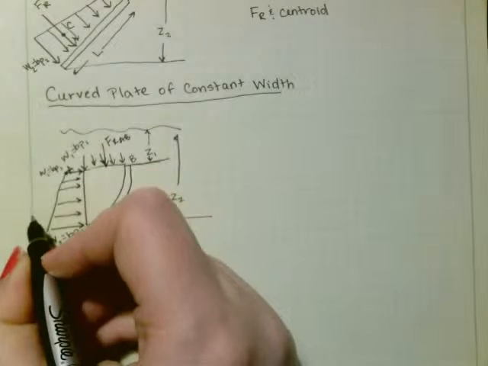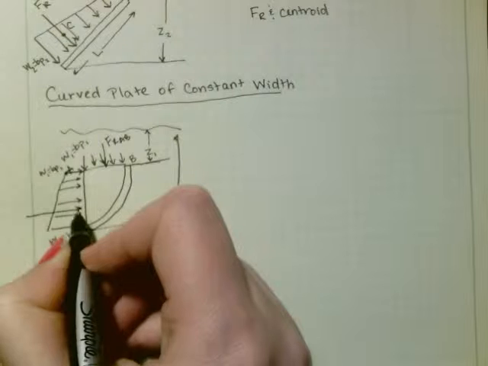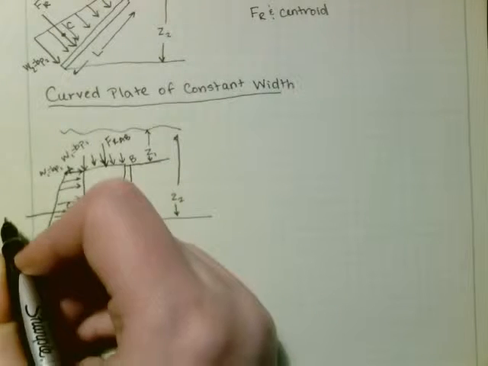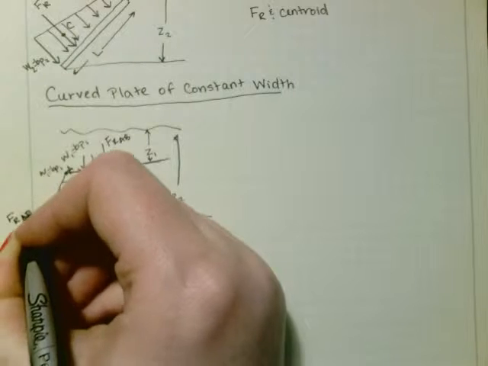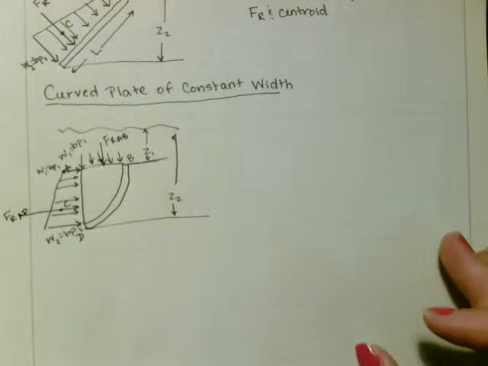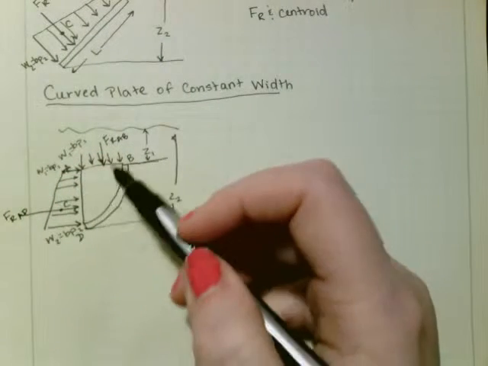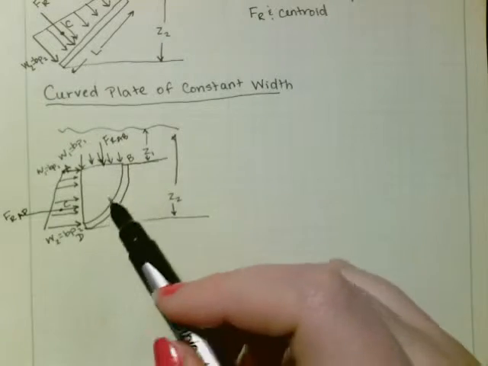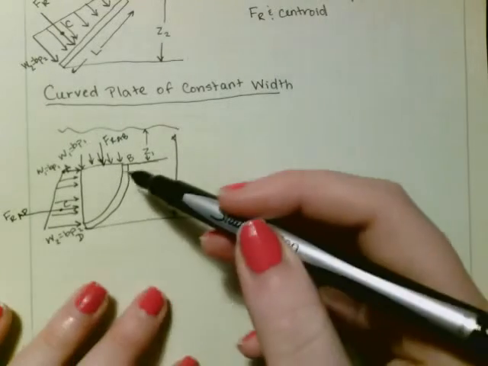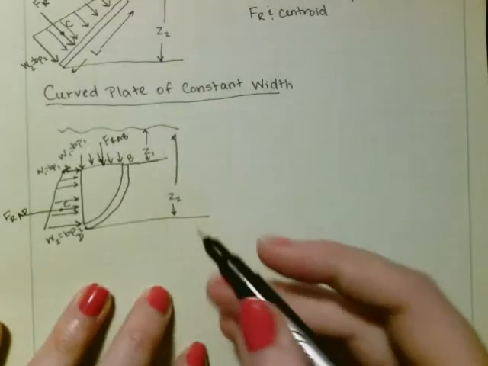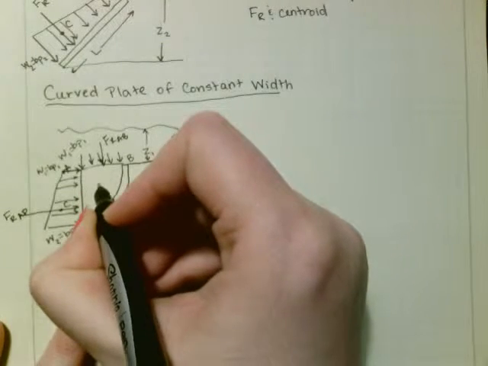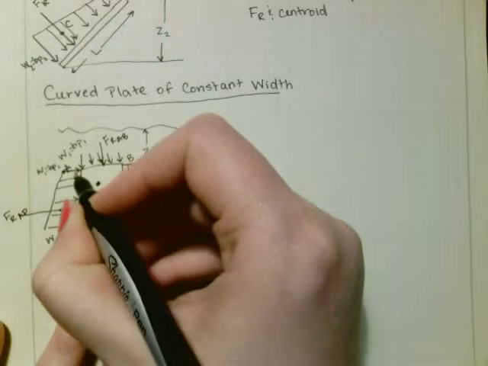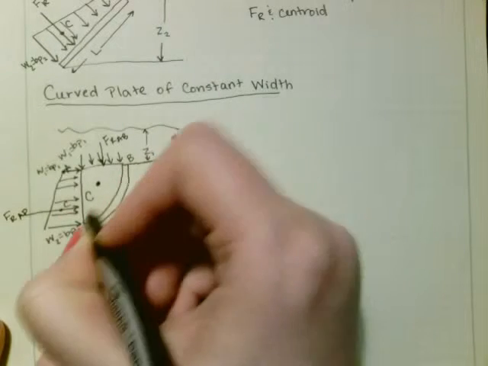And then its resultant force is going to go through the centroid, call that FR from AD. And then we need to take into account the water that's still here and what weight that puts on the curved plate. So we find the centroid of this area. So this is the centroid of BDA.